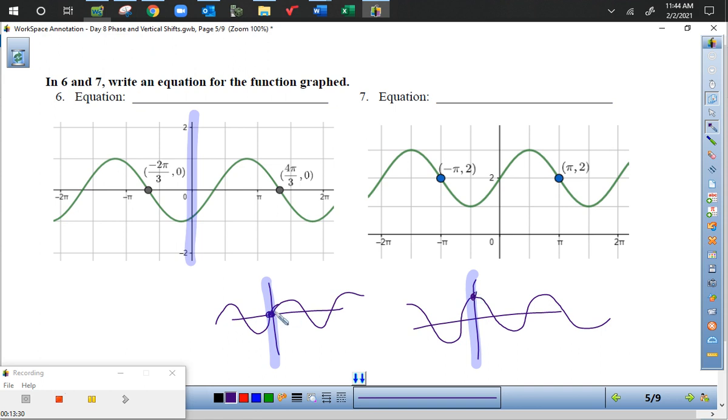Is the 0 closer, or is the maximum closer to where we're starting? So looks like for this one, the 0 right here is closer than that maximum is. And that is the point that we have to figure out so we know how much it's changed from this original graph.